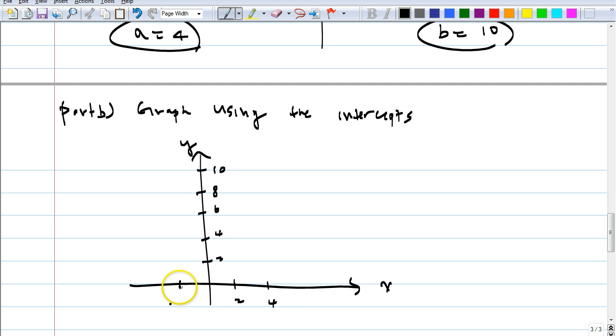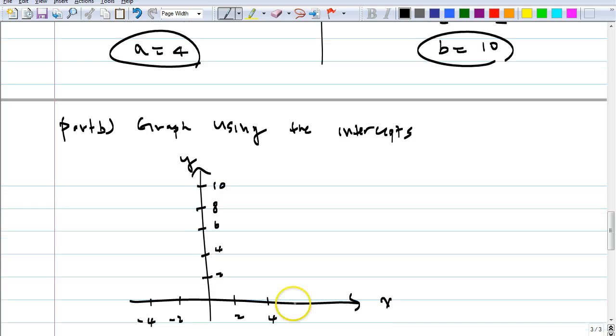4. Here's -2. Okay, now, what do you think I have to do? So I know that A is 4, B is 10. So here's 6. Here's 8. What do I do? Who can tell me? Dia, give me one of the points.